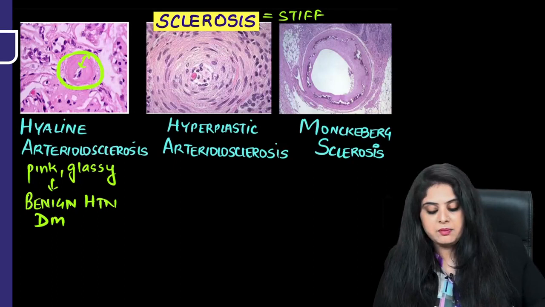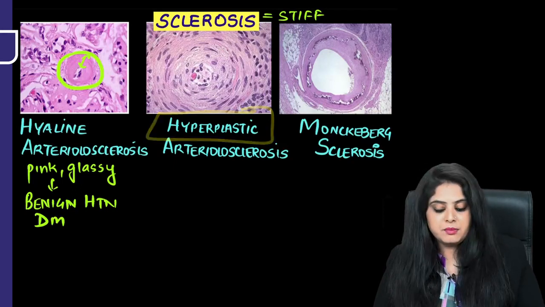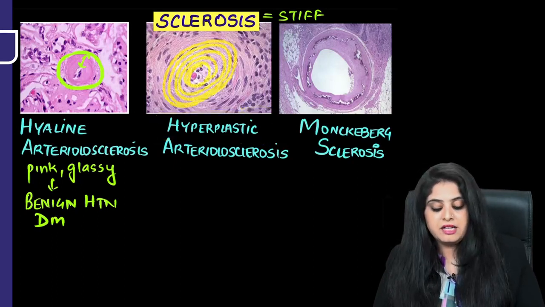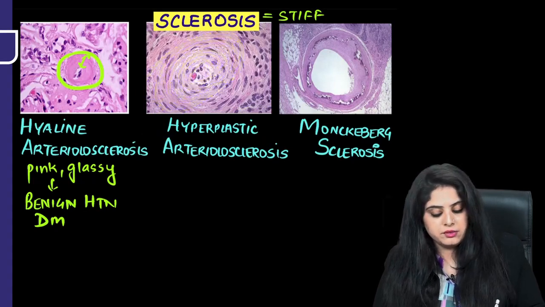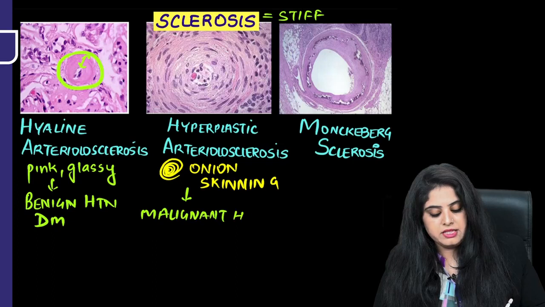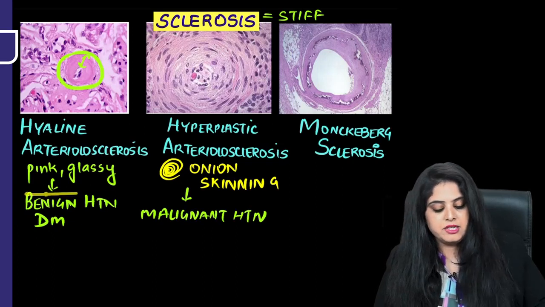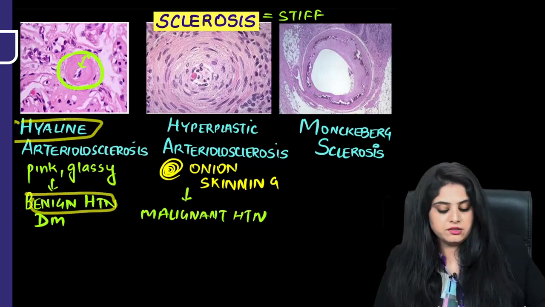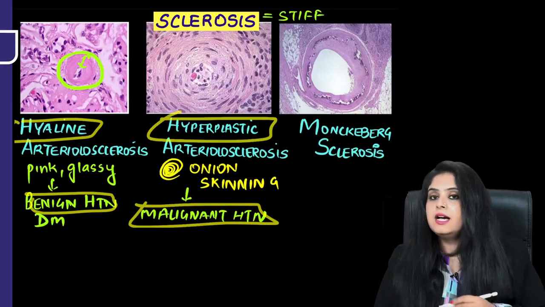How do you see hyperplastic arteriolosclerosis? Hyperplastic matlab there is going to be hyperplasia, something is increasing. So as a round and round, what appearance is this looking like? Hyperplastic arteriolosclerosis is looking like onion skinning. So which hypertension do you think is going to show you? Of course, the only one that is left, that is malignant hypertension. So that is also seeming quite easy. If they ask you benign hypertension, it is hyaline arteriolosclerosis, and malignant hypertension, hyperplastic.